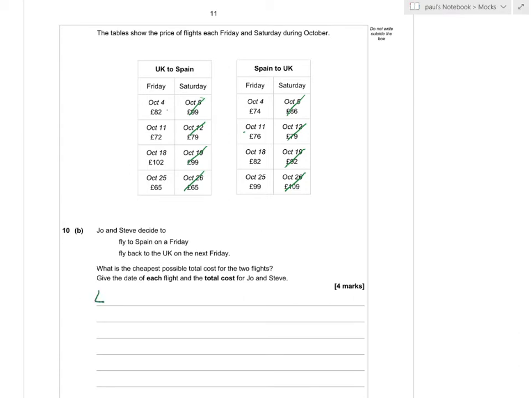So this is going out on the 4th, will cost 82 plus 76. If you go out on the 11th, it will cost 72 plus 82. If you go out on the 18th, it will be 102 plus 99. Now I can see that this is smaller. That's too big, and this is 4 less.